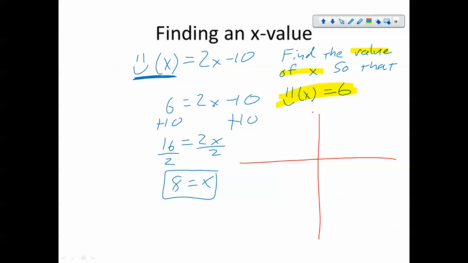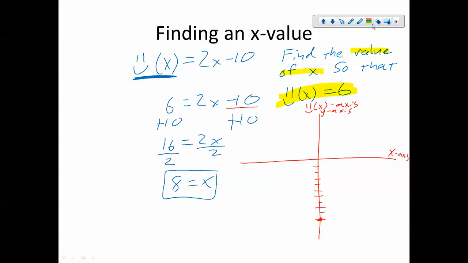This is the smiley face of x-axis. You might call it the y-axis. Remember, they're the same thing. This is the x-axis. Okay, what's my y-intercept? Y-intercept of -10. 1, 2, 3, 4, 5, 6, 7, 8, 9, 10.